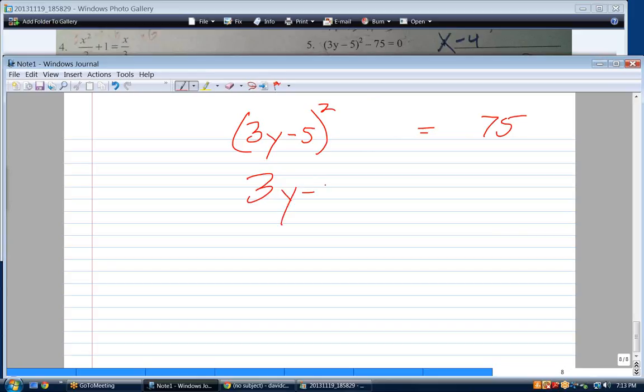So our next line is what? What goes into 75? That's the square root. What are your perfect square numbers?